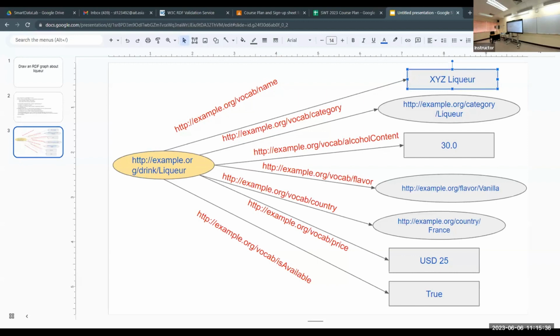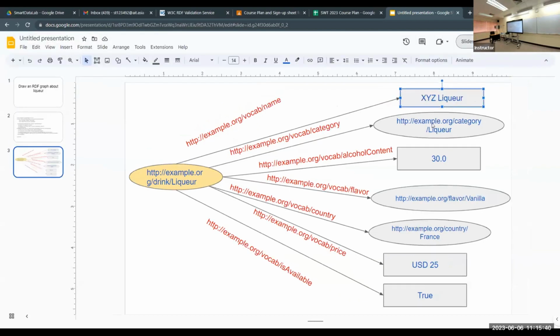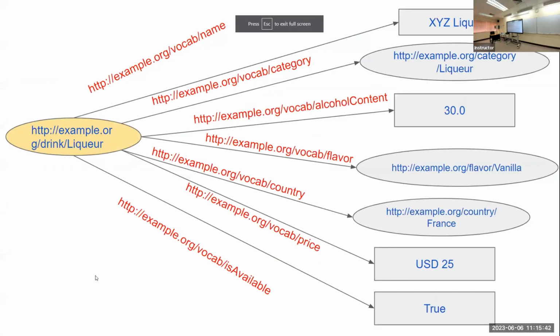So on the left side, we have the subject, which is a URI that's liquor, and the first one is a predicate that's what's the name of the liquor.